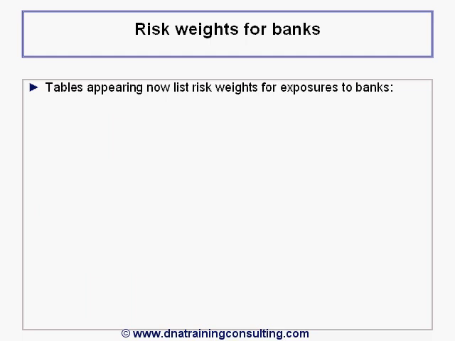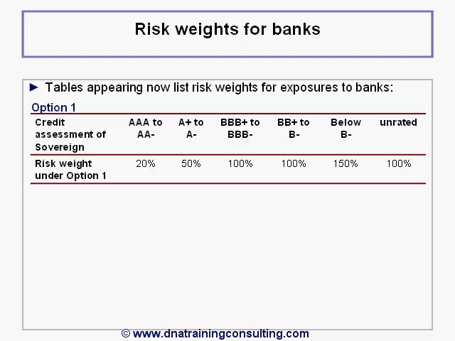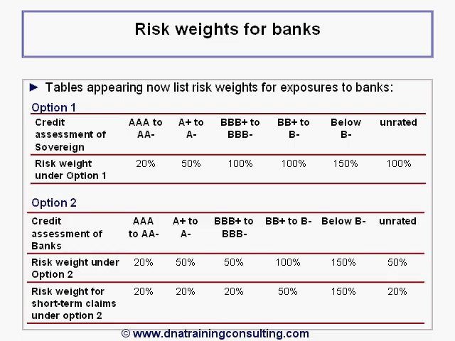The next tables list the risk weights for exposures to banks. Under either of two alternatives, the national regulator may choose between within his country. Here's the first table, and here's the second table.